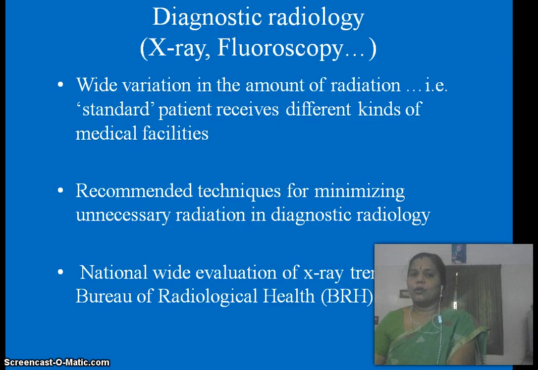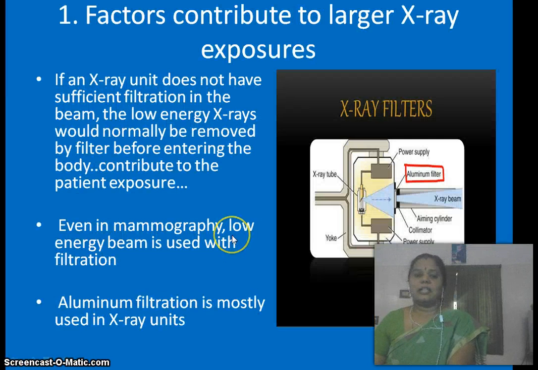So we are going to see what the possible methods are to minimize the unnecessary radiation. The first method is in the list that the group has recommended. Here you could see the X-ray machine, where we have the X-ray beam and the power supply, the collimator cylinder, and the important thing, highlighted in red, is the aluminum filter.